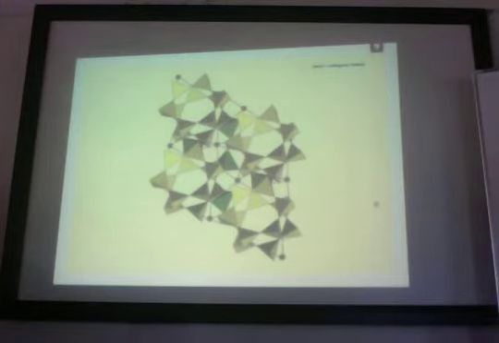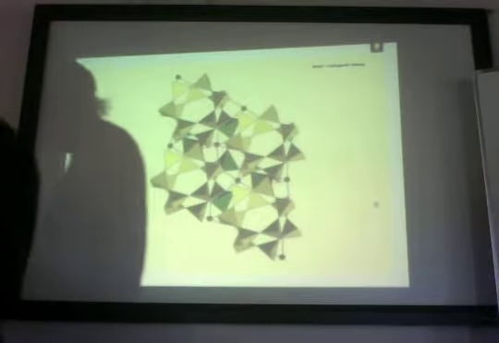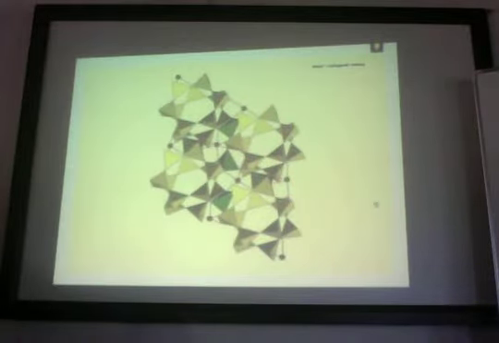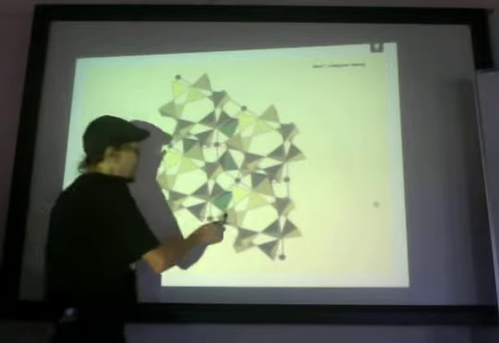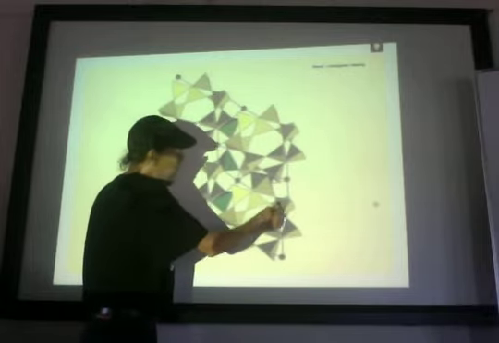And at the beginning of the class, when I showed you the first figures, there was one picture of a beryl, and the beryl is a ring silicate, and here you can see again these rings, yeah? And this is hexagonal.